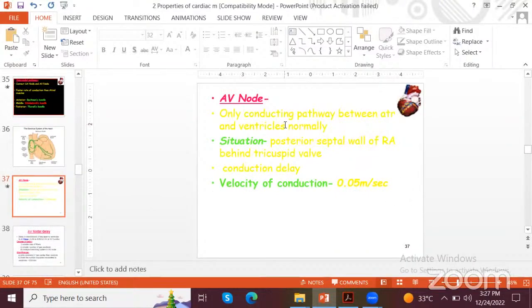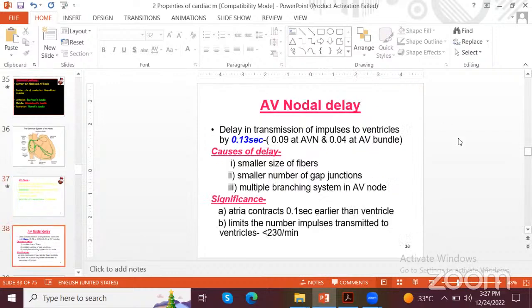Coming to the AV node, this is the only conducting pathway between the atria and the ventricles, which is situated in the posterior septal wall of the right atrium behind the tricuspid valve, and which causes conduction delay. The velocity of conduction in this area is around 0.05 meter per second.